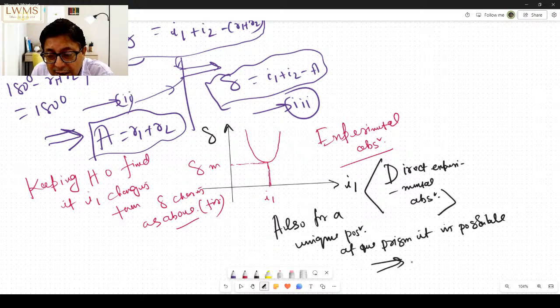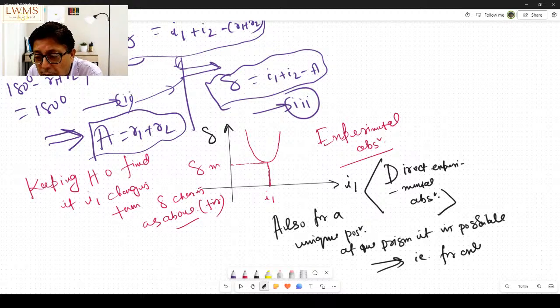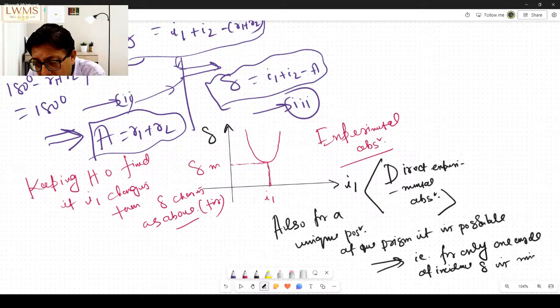This implies that for only one angle of incidence, delta is minimum. Clear?